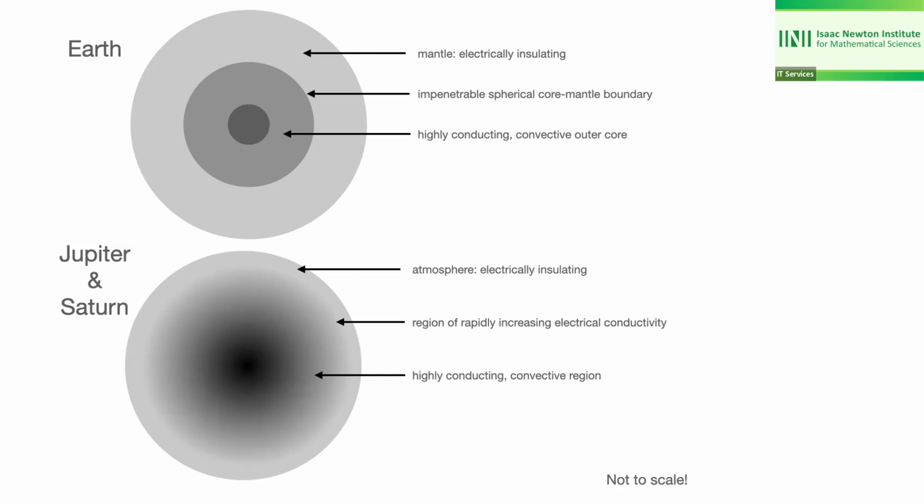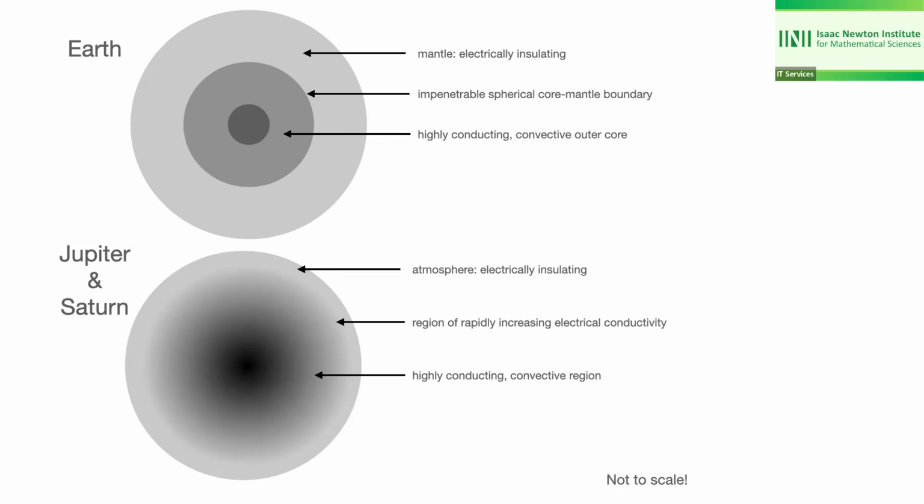For Jupiter and Saturn, the picture is more complicated, because even though we have an initially electrically insulating region atop the highly conducting convective region, and the grayscale gradation here is a little misleading, over a fairly small radius range the electrical conductivity goes from very low values to quite high values, probably higher than in the Earth's core.